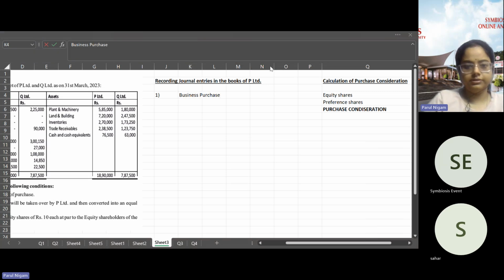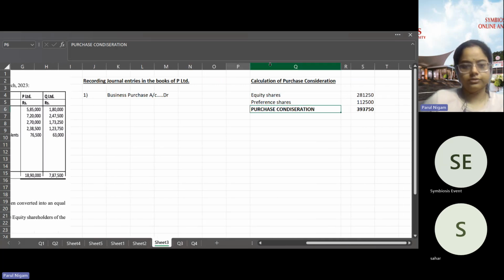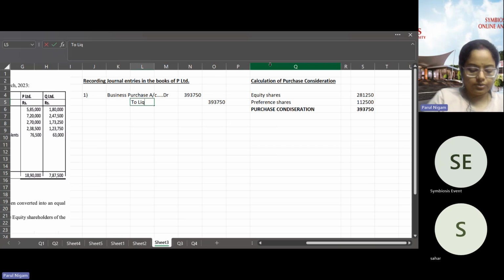Business purchase account debit, which is your purchase consideration, 3,93,750. Same thing, 3,93,750, to liquidator of Q Limited, because we are purchasing Q Limited.